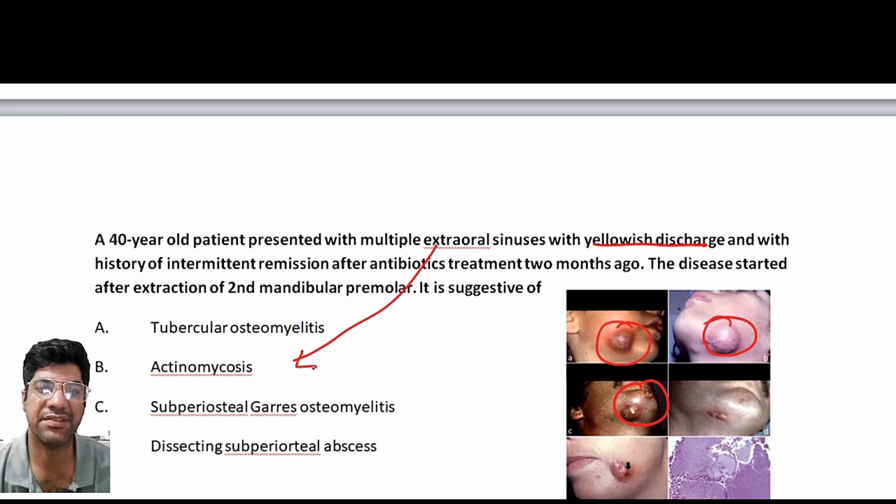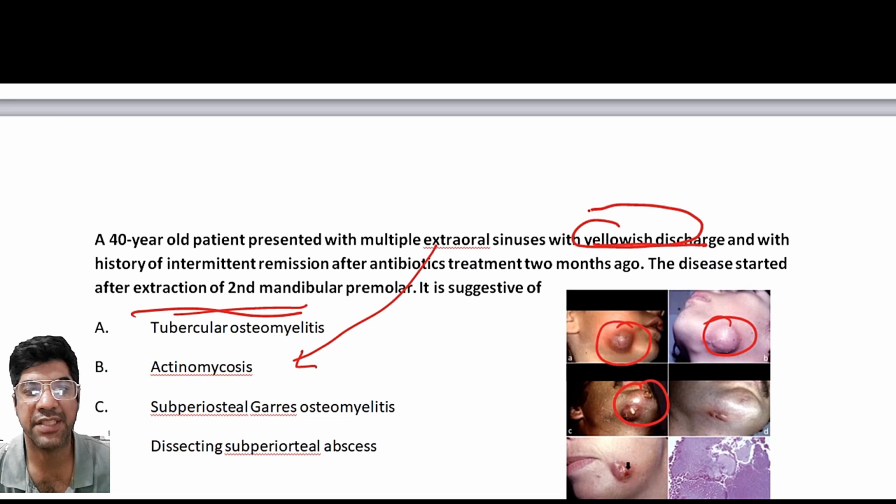Actinomycosis, remember, is a bacterial infection. The features include multiple extraoral drainage sinuses, a history of dental extraction, and yellowish discharge.